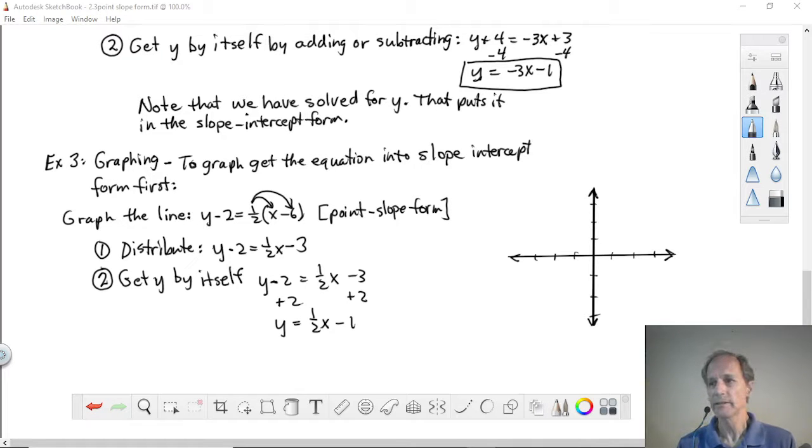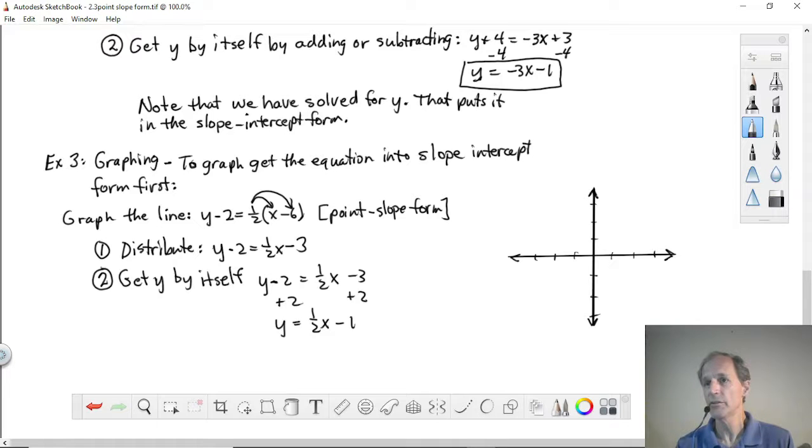And there it is. Get y by itself. And that means adding 2 to both sides. Okay, good old algebra. And we have y by itself on the left, and on the right we have a half x minus 1. And that's in slope-intercept form.